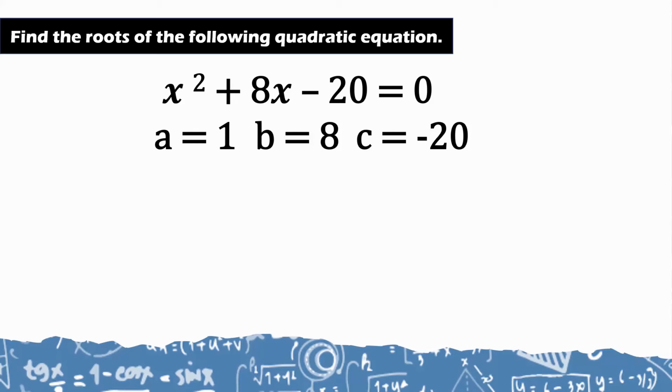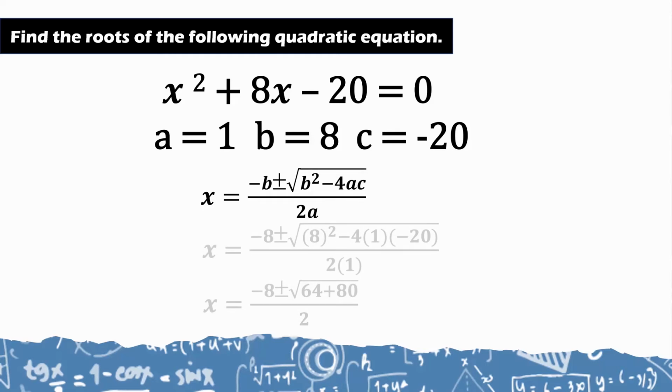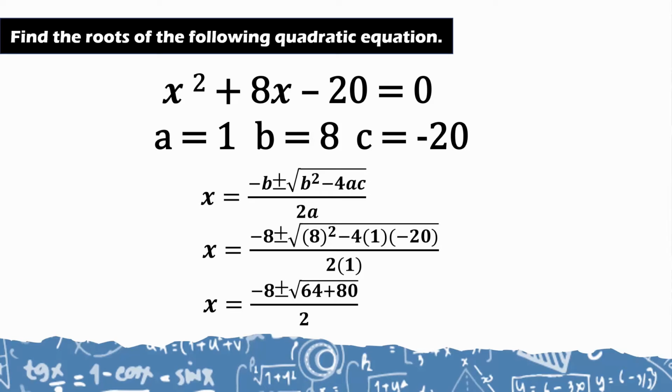In this example, we have to determine the values of a, b, and c and substitute them in our quadratic formula. So we have x is equal to, where b is 8, negative 8 plus or minus the square root of b, which is 8, so we have 8 squared minus 4a, where a is 1, and c is negative 20, all over 2a, where a is equal to 1.